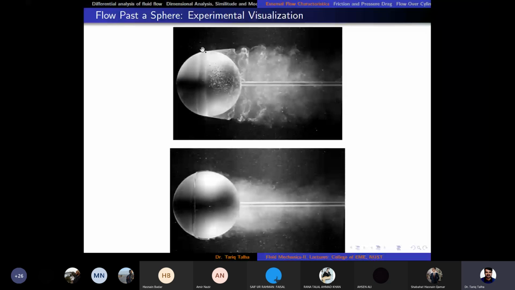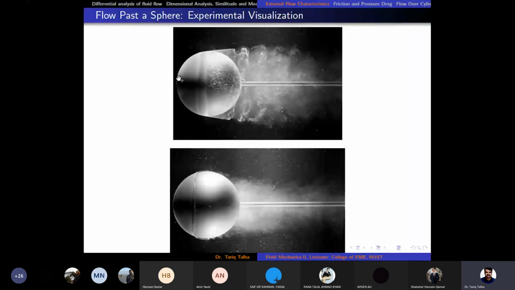This is the white region at the back end. But this wake region becomes very small in the bottom figure, where we have higher Reynolds number. So at higher Reynolds number, the thickness of the wake region becomes small as compared to the wake region in the upper case, when the Reynolds number is low.